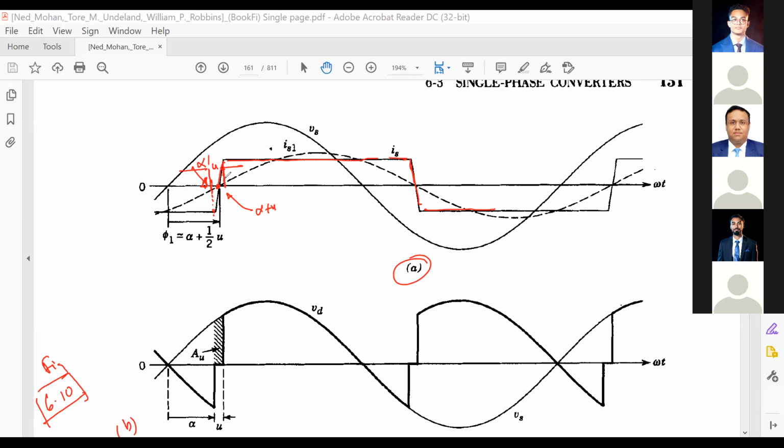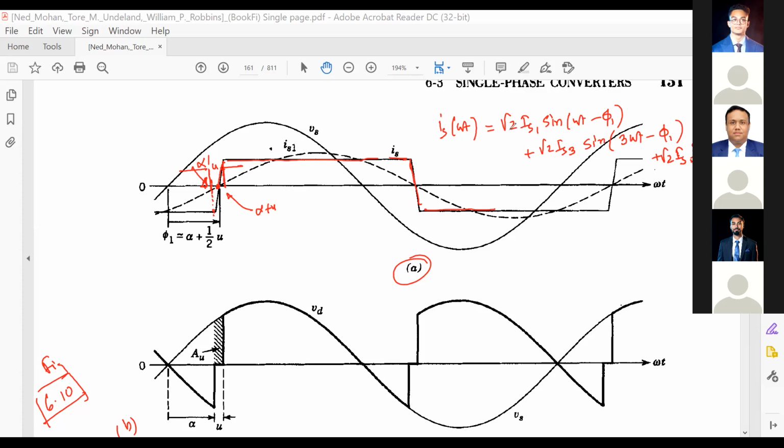Now, if we write down the IS of omega t, then that will be your √2 IS1 sine of omega t minus phi 1, then √2 IS3 sine of 3 omega t minus phi 3, then √2 IS5 sine of 5 omega t minus phi 5.